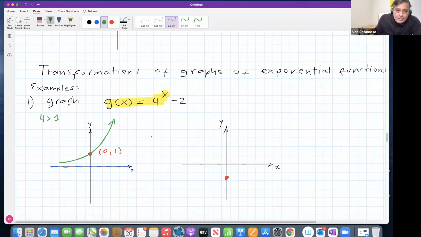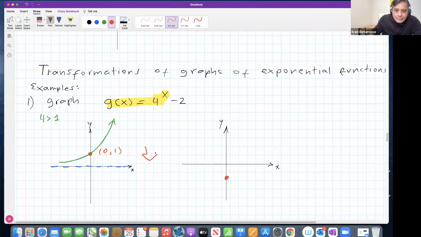Now, advice, guys: when you do these transformations, move the important features of the graph. What are the important features? The y-intercept and the horizontal asymptote. This is saying subtract 2 from any output value, so shift the graph down 2 units.